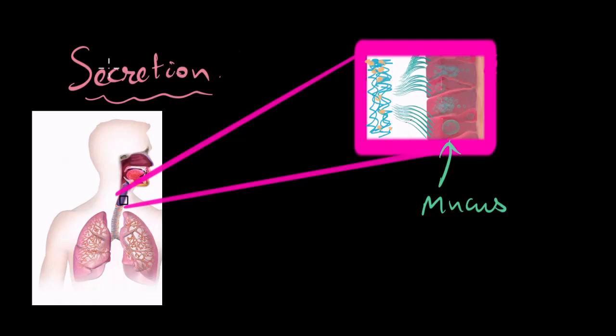And these cells are not only good at secreting this mucus, they also have one additional specialization, which is these long projections called cilia.